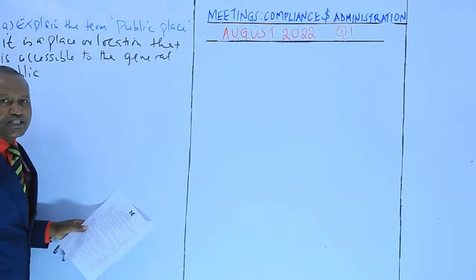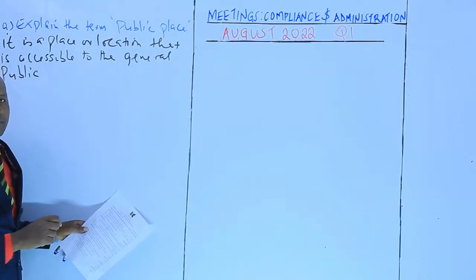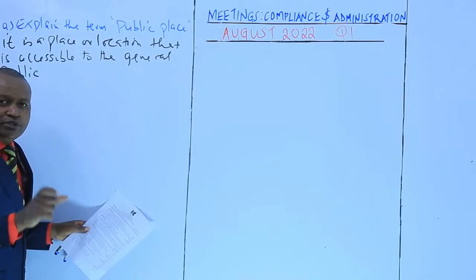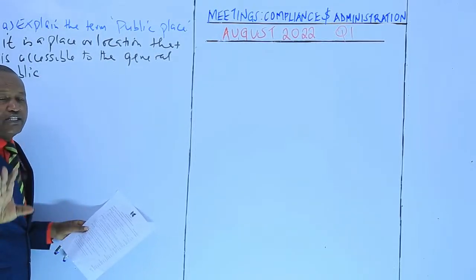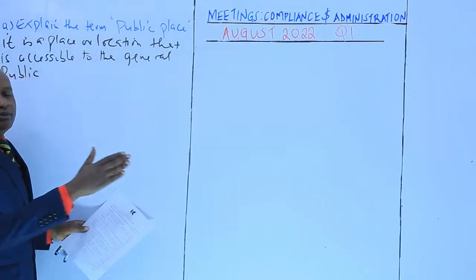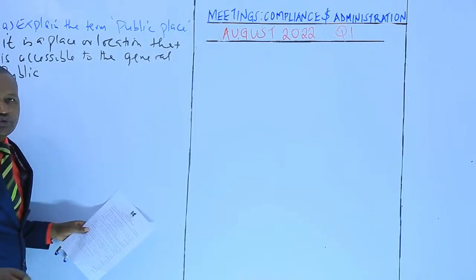So public places, as I've said again, are subject to regulations. Such places are subject to restrictions that are aimed at maintaining order, because you cannot do anything you want on a sidewalk because it is a public place. You may be accused of obstruction.